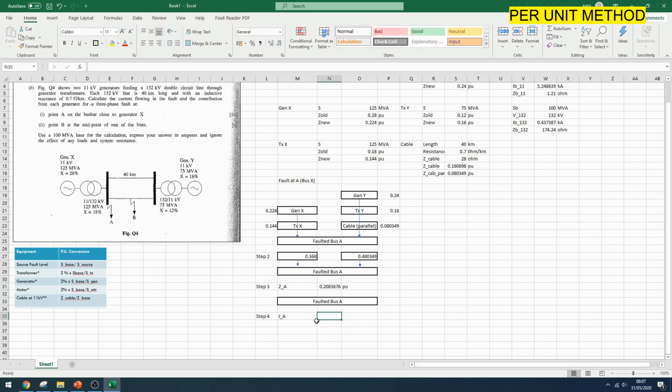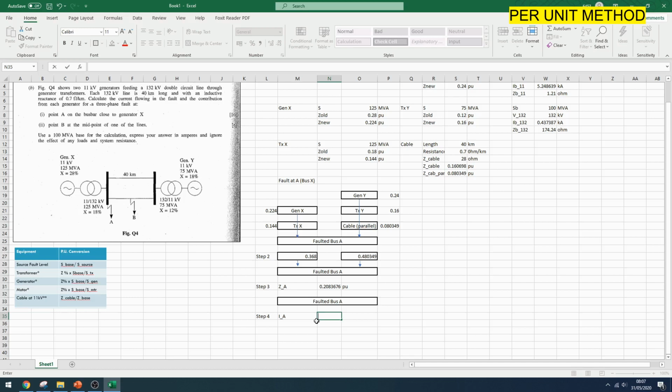We always assume that the voltage per unit is 1.0. But if you're using IEC 60909, they will recommend 1.05 for low voltage and 1.1 for high voltage. So we use voltage per unit here as 1 per unit. So current is just equal to V divided by Z.